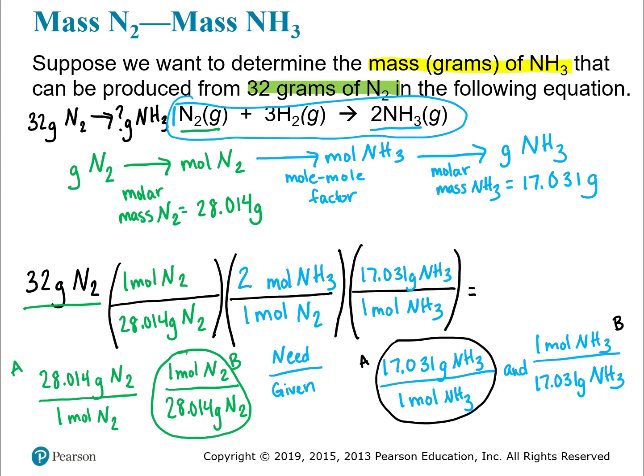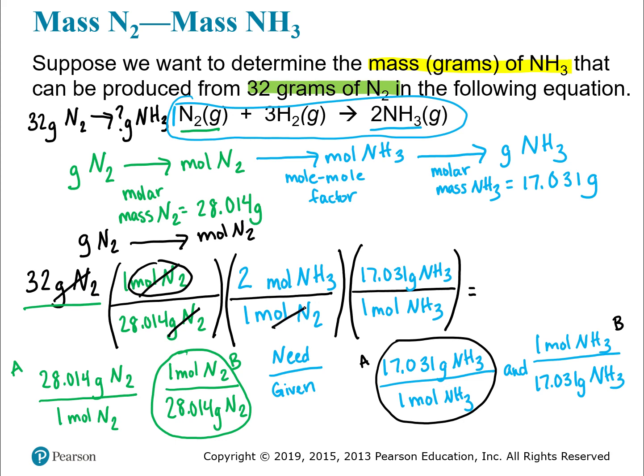So we'll look at our plan to see if we did what we needed to do. We're starting with grams of nitrogen gas. Those units cancel, and now we're at moles of nitrogen gas. That's what we wanted to do for the first step. The second step, we're using our mole-mole factor to figure out the moles of ammonia.